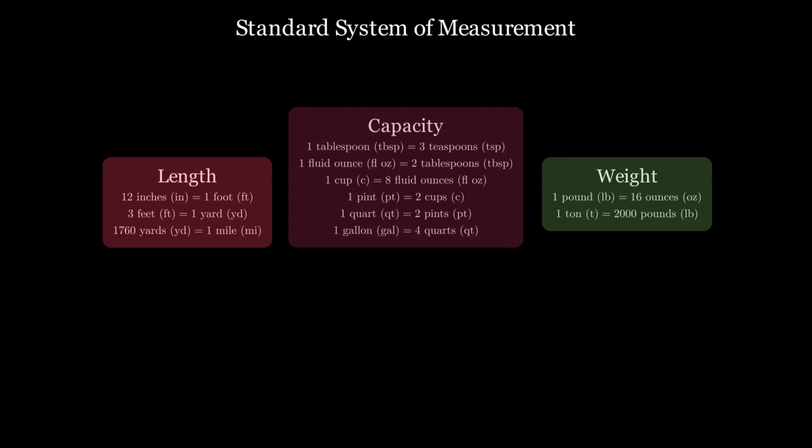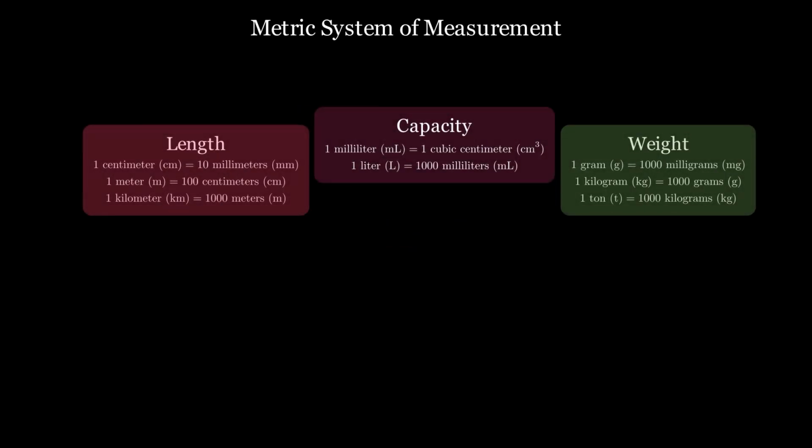While the standard system is commonly used in the United States, most other countries use the metric system of measurement. Here are some metric system measurements and their equivalent units. For length, we have units like millimeters, centimeters, meters, and kilometers. For capacity, we have units like milliliters and liters. And for weight, we have units like milligrams, grams, and kilograms.